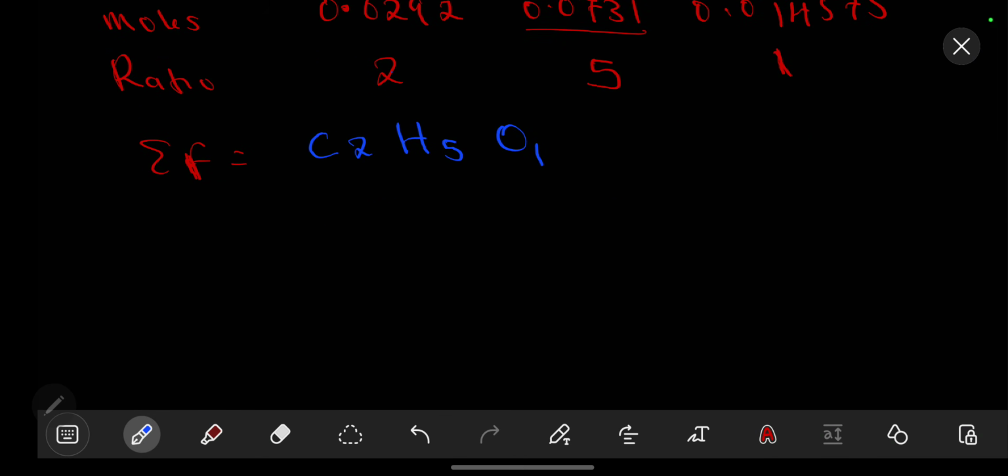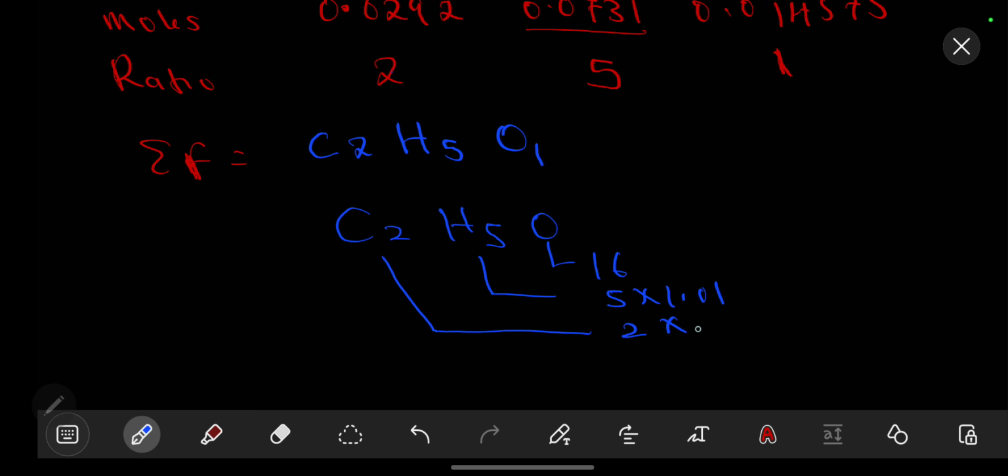So now we need to find the mass of this empirical formula. So we are using the molar mass of this empirical formula, which will be equal to oxygen is 16, we add it with 5 times 1.01, then we also have 2 times 12.01.